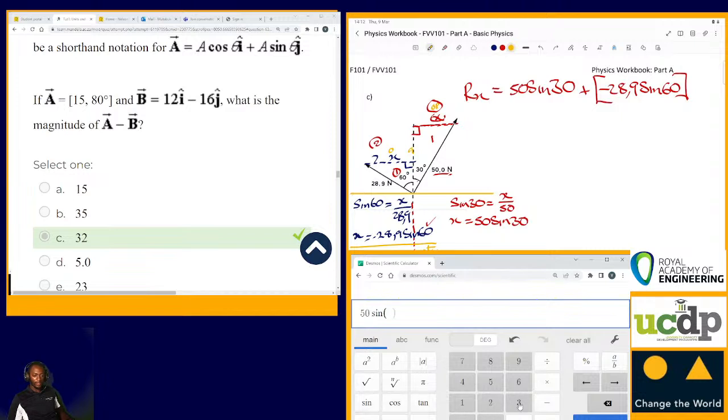So 50 sine 30 minus 28.9 sine 60. Oh, I was supposed to close the bracket there.